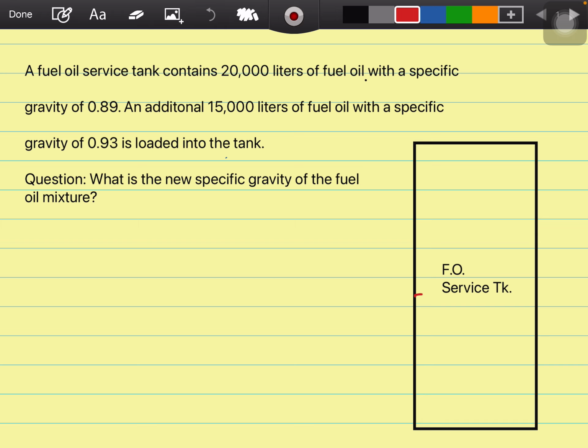Let's say you have 20,000 liters of existing fuel oil with a 0.89 specific gravity, and then you add a new fuel oil loaded to your service tank, having 0.93 specific gravity. That's 15,000 liters.